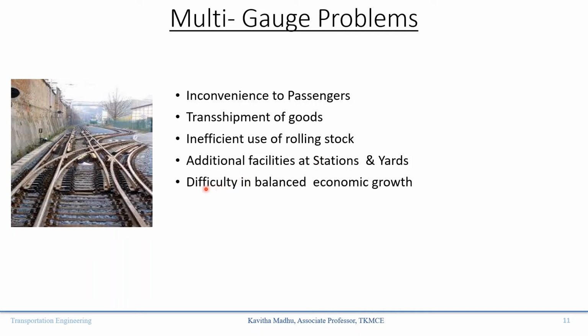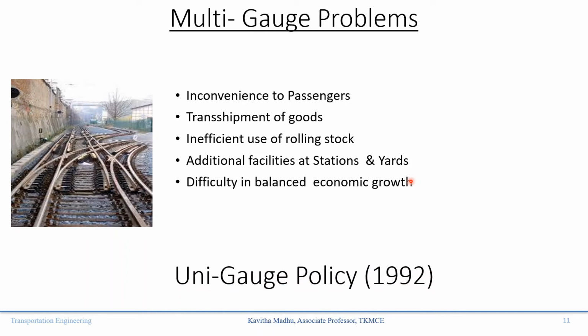It may also result in unbalanced economic growth, because for industries situated near meter gauge or narrow gauge, the frequency of trains will be less, whereas the frequency of trains on broad gauge is more. So it takes more time for their goods to reach the market compared to industries situated near the broad gauge. So it may result in unbalanced economic growth.